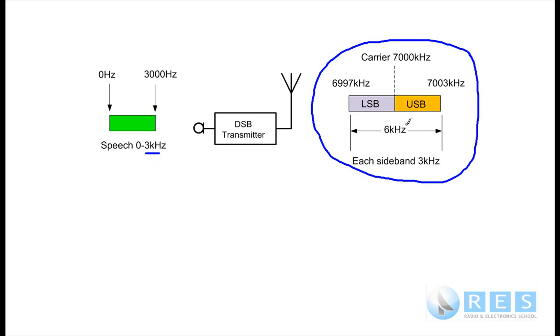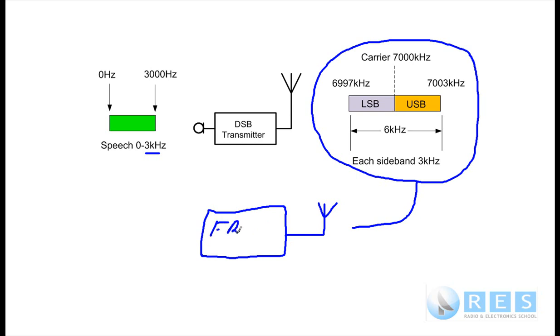So if we were to receive this signal on an antenna, we need some sort of device, a frequency converter, I'll just abbreviate that.